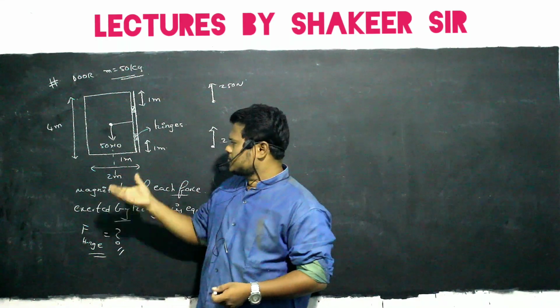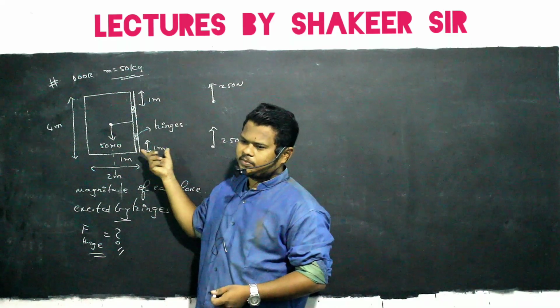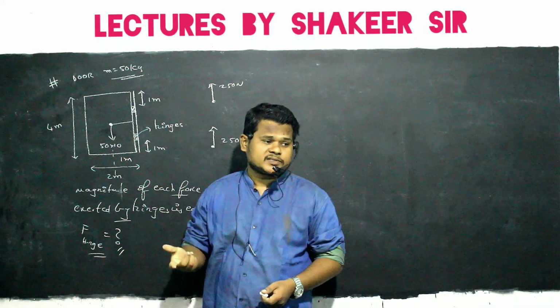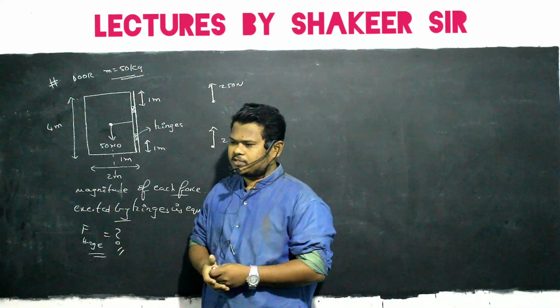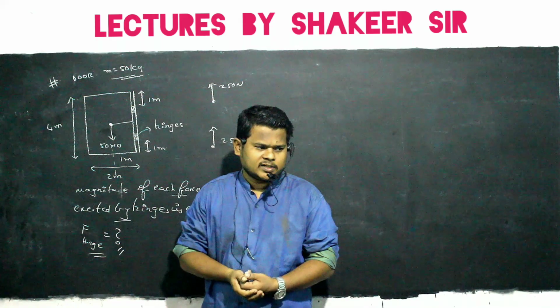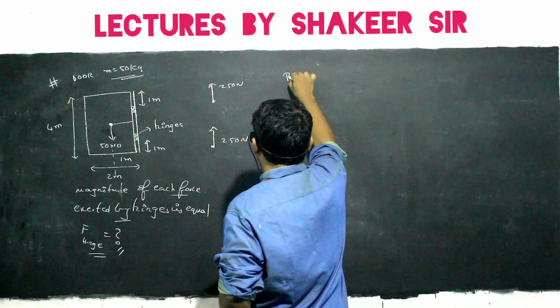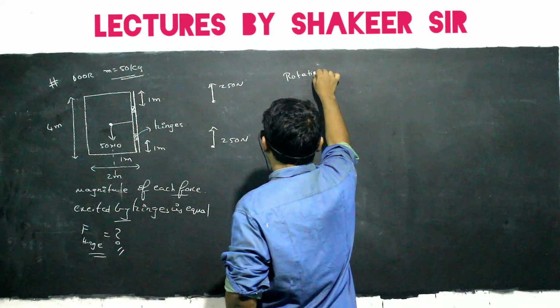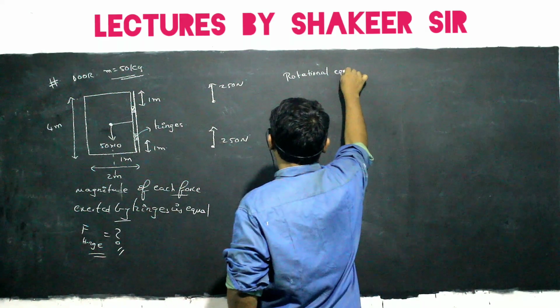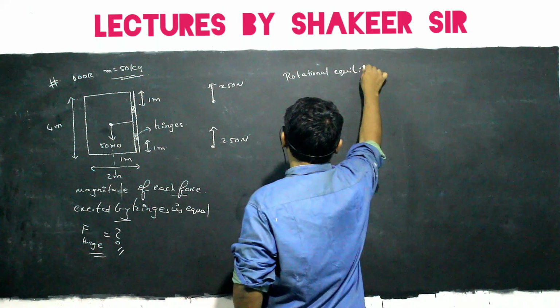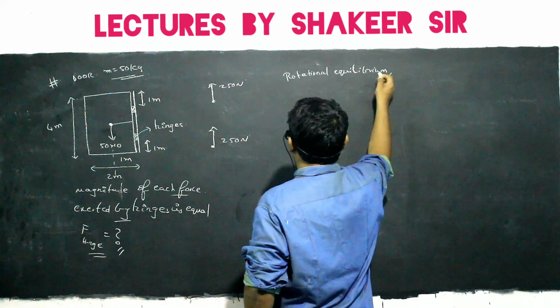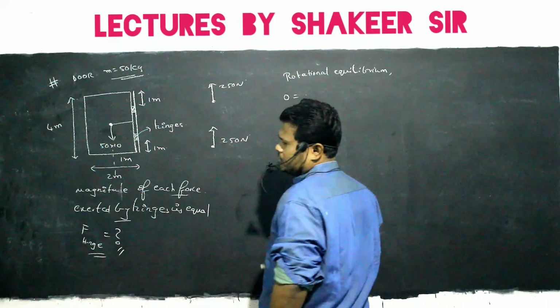So, when this torque and the torque provided by these hinges get balanced, then the condition of rotational equilibrium also exists. Therefore, how can I write the equation for rotational equilibrium? Total torque should be equal to 0.